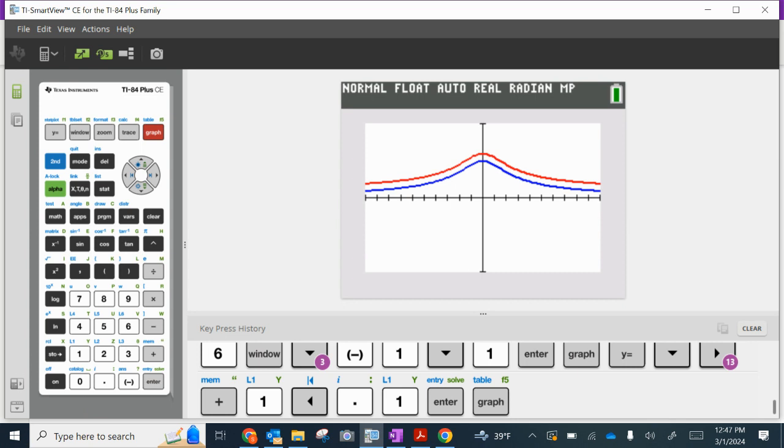So if your answer doesn't match what I have on the paper, you can do this really quickly on your calculator. Do the graphs look the same? There may be a vertical shift, but that's it. And if their shape is the same, you have the right antiderivative. That's how I grade your tests.